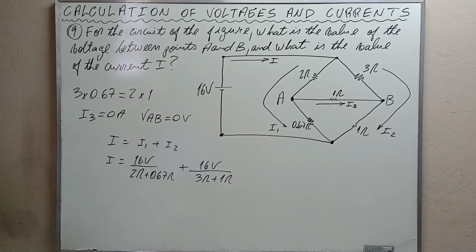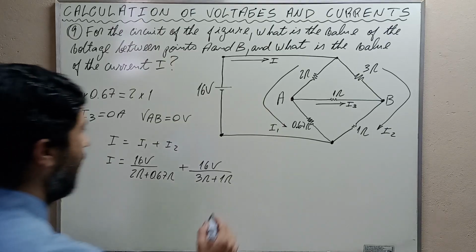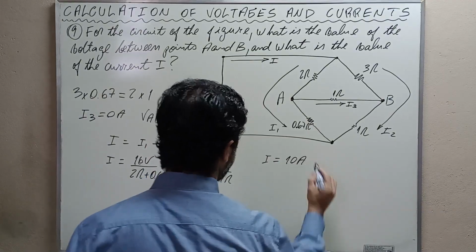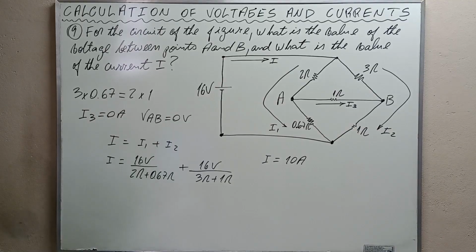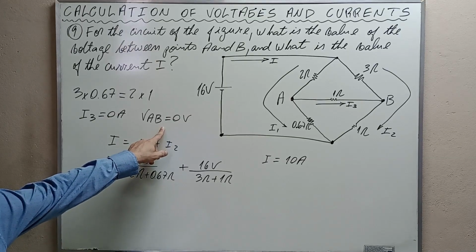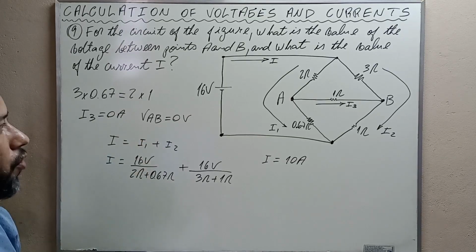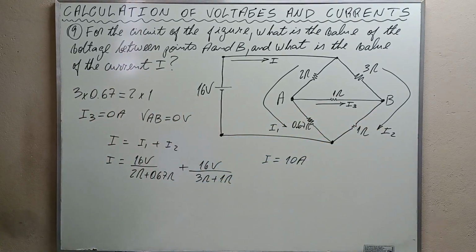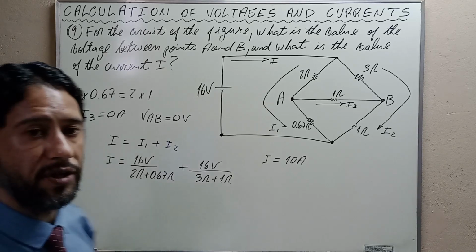We can easily calculate this, and after calculating, we find that I is equal to 10 amps. Okay? This is all the exercise wanted us to calculate, and we find that the voltage between points A and B is 0. There is no voltage drop because the circuit is balanced, and we calculate easily the value of the current. Let's go to next.